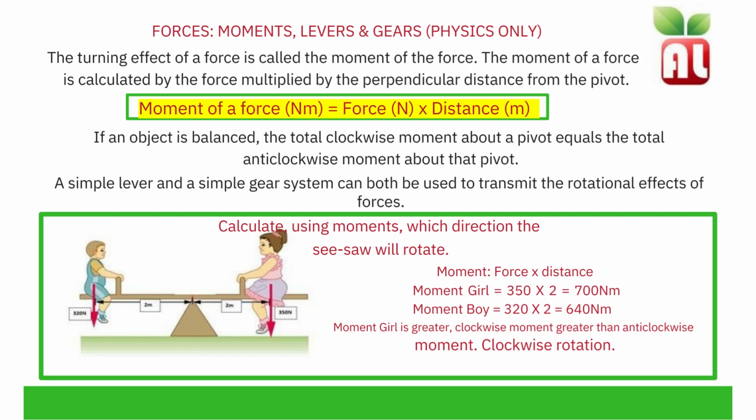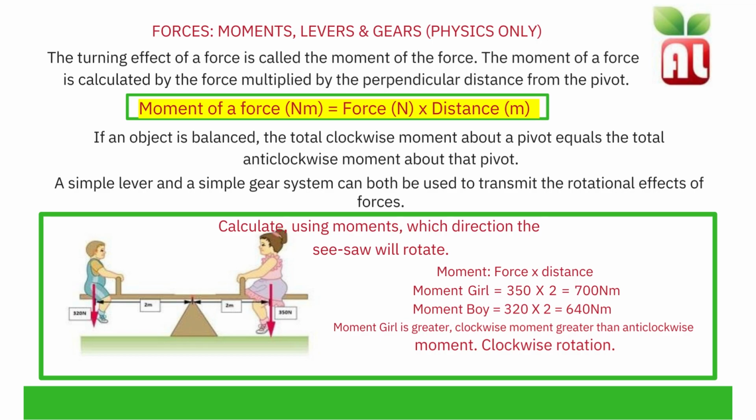Moments, levers and gears. The turning effect of a force is called the moment of the force. The moment of a force is calculated by the force multiplied by the perpendicular distance from the pivot. Perpendicular means at 90 degrees or right angles.